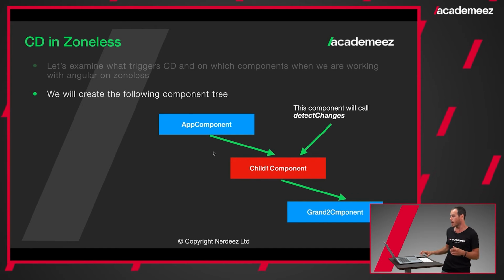We currently have a root component, app component. We're going to create a child component, which the app component is going to place, and we're going to create a grandchild component, which the child component is going to place. And we're going to trigger change detection on the child one component and understand which components are affected.